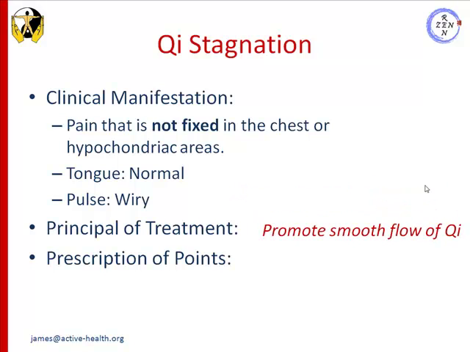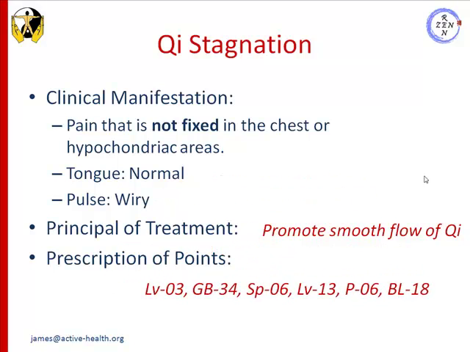Again, this is a lovely term, as I've said many times in class, rather than move qi, because if we have a person who's suffering from manic depression, for instance, that's the last thing that we want to do, move qi, because all we're doing is just moving them from one state of disharmony into another. It would be far better to promote the smooth flow of qi. In other words, to try to achieve a little bit of calmness in the body.